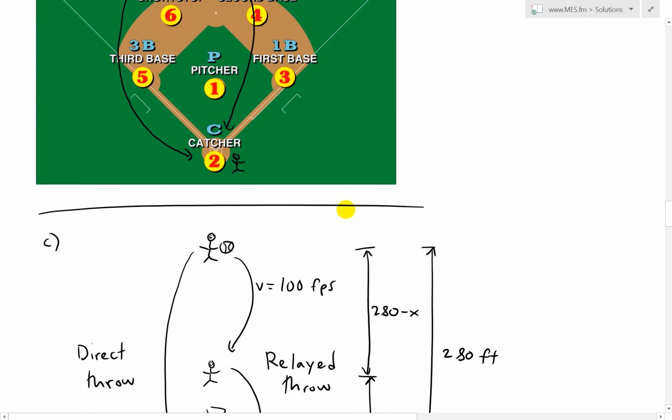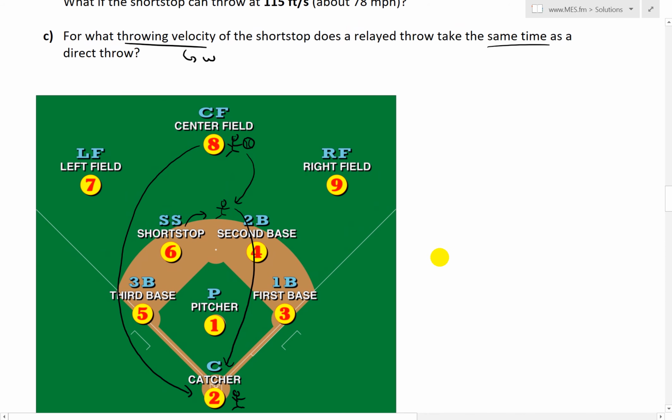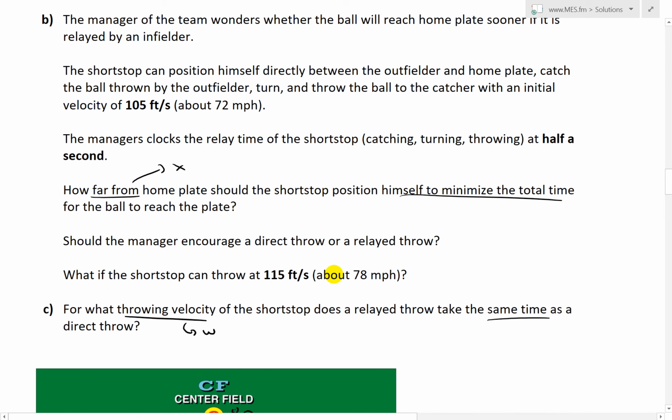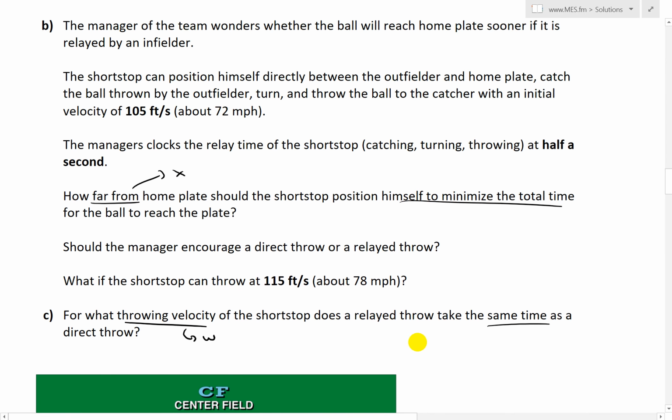So to recap part C, if the shortstop goes about 204 feet away and throws it about 77 miles an hour or 112.8 feet per second, then the total time from the outfielder to him all the way to the catcher would be the same as a direct throw. So in that case, the manager could choose to throw or not, it doesn't matter. I would stick with a direct throw because of less chance of error.